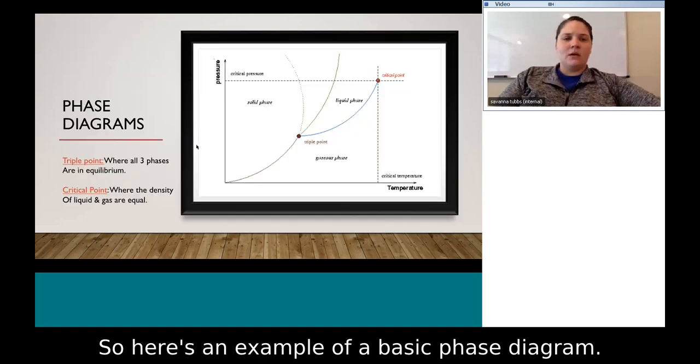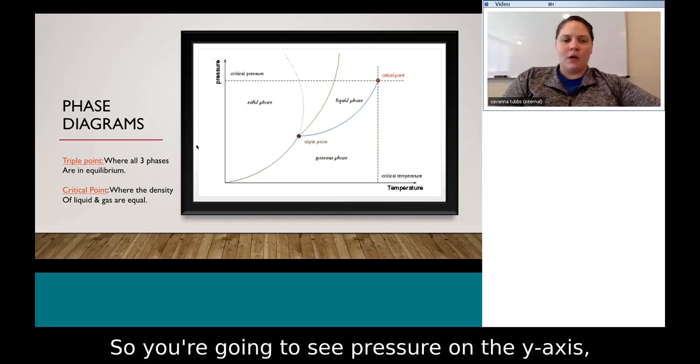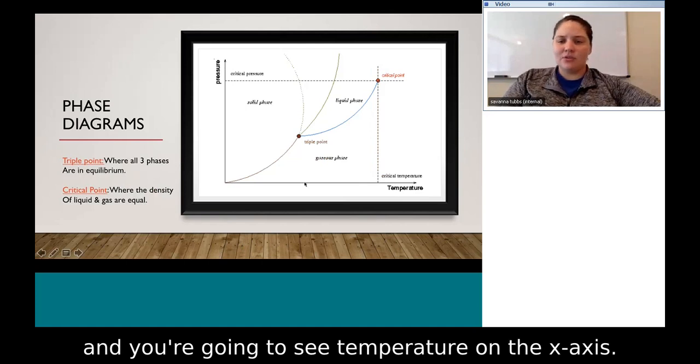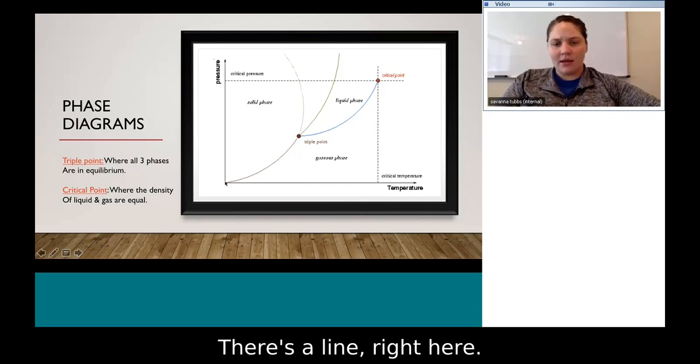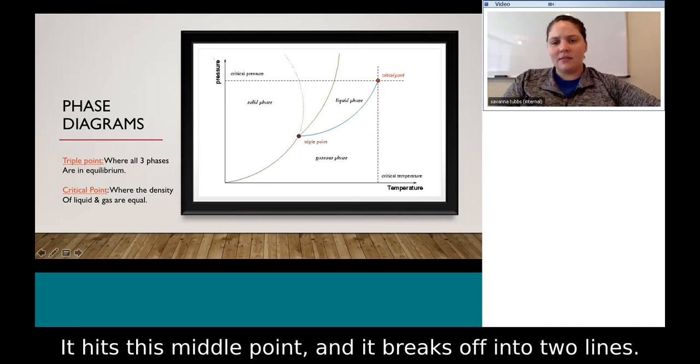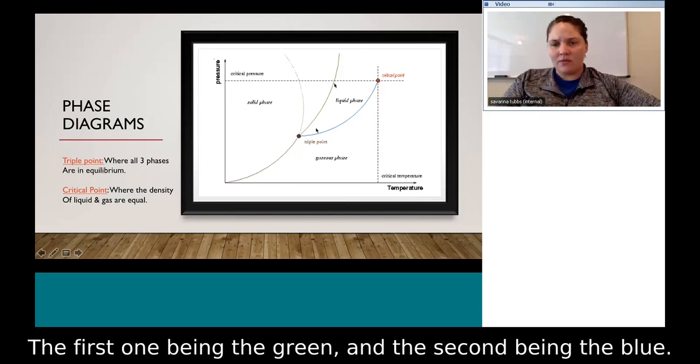So here is an example of a basic phase diagram. You're going to see pressure on the y-axis, and temperature on the x-axis. Try to ignore the dotted lines just for now. There's a line right here. It hits this middle point, and it breaks off into two lines, the first one being the green, and the second being the blue.